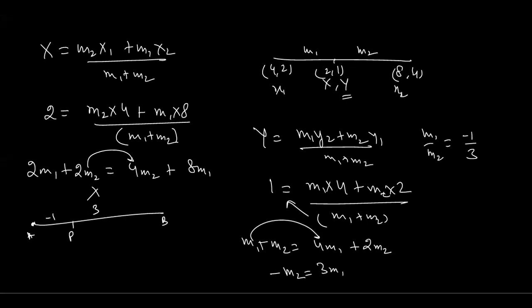This one is P. So how can you write that AP upon AB will be equivalent to 1 upon...? How can you write this one? You cannot write this way. So there might be some error in the question, some mistake in the coordinates writing. So it's not possible that the ratio will be coming in negative.